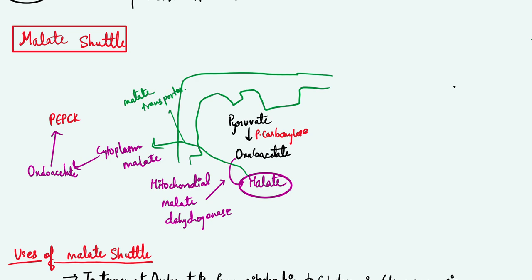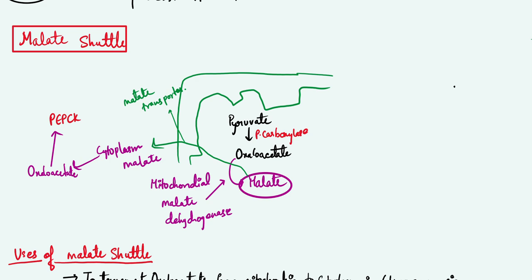The reaction is malate plus NAD+ gives oxaloacetate plus NADH plus H+. So now we have transported the NADH into the mitochondria. Then NADH, inside the mitochondria, enters the electron transport chain to generate ATP.